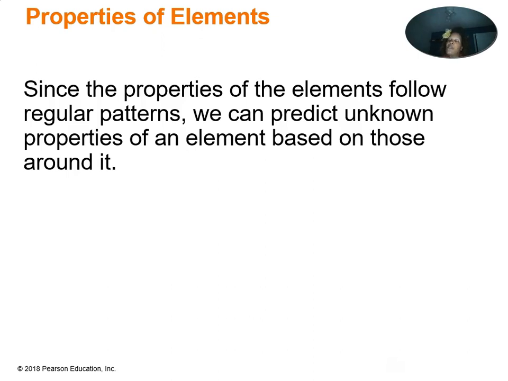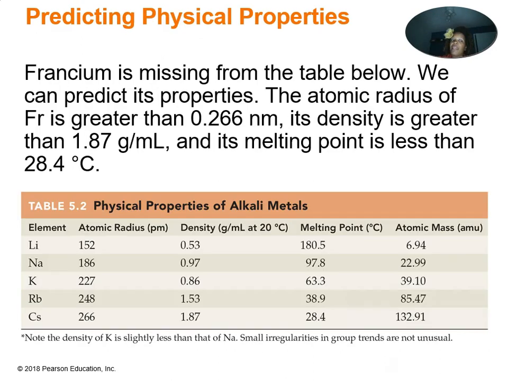Now, since the properties of these elements follow regular patterns, we can predict unknown properties. And again, that's how the periodic table came to be. Notice here how you can predict what the properties should be just based on looking at a chart. So if I wanted you to figure out what the density should be, you should know by looking at it. Like if I blotted out, let's say, 0.53 for lithium right here, then you would be able to tell me that as you go from the top to the bottom, the density increases.